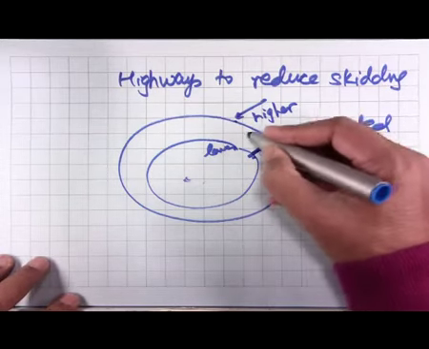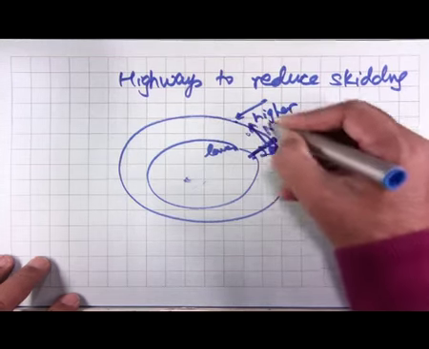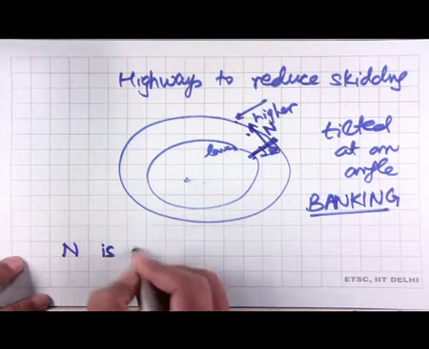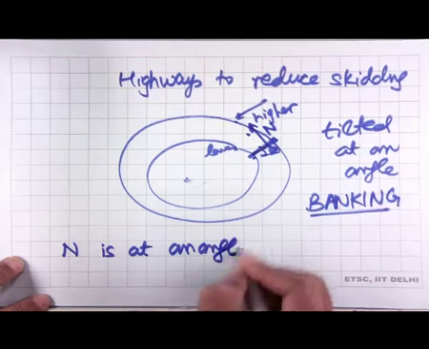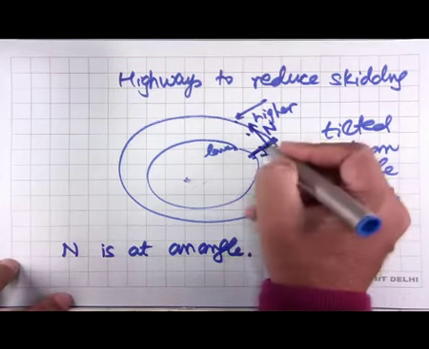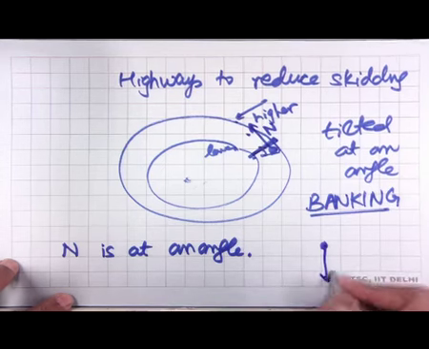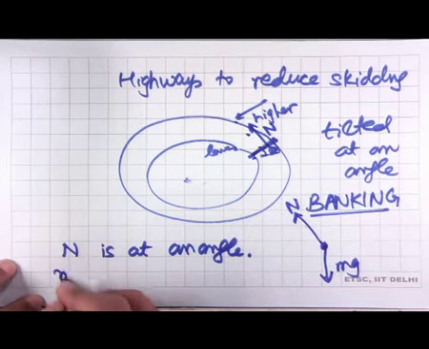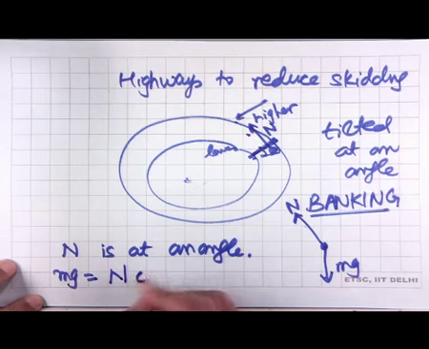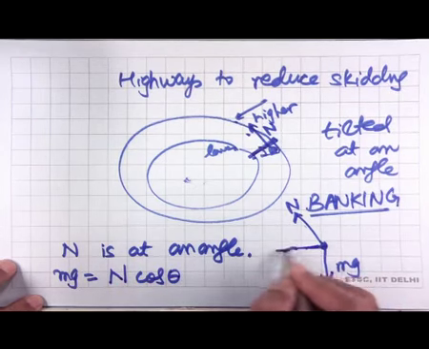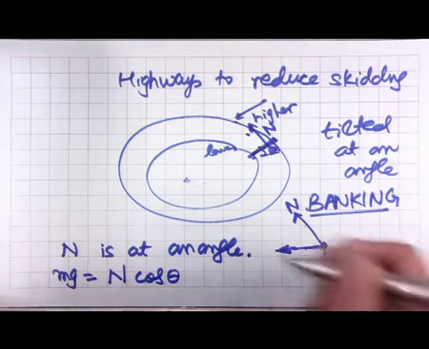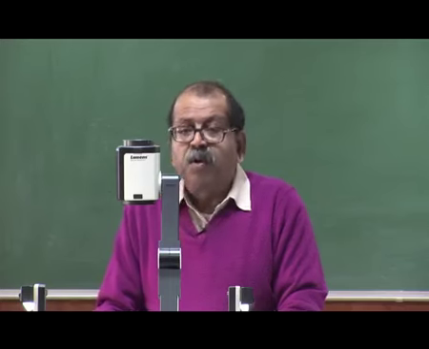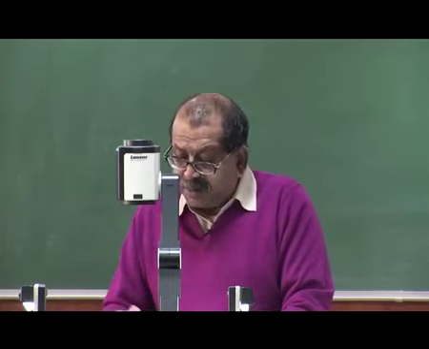What will happen now is the normal reaction is not vertical, it is at an angle. So, normal reaction now is at an angle, and if we draw the free body diagram, this is mg, this is n. So, now what we have is mg is equal to n cos theta, and a component of normal reaction, n sin theta, is the one which can provide the force, the centripetal acceleration.